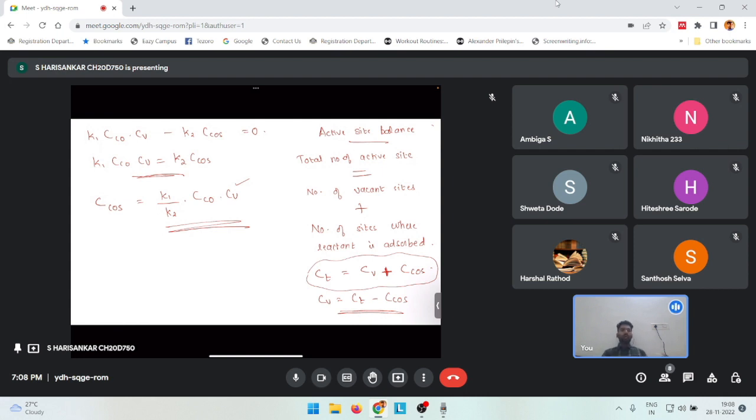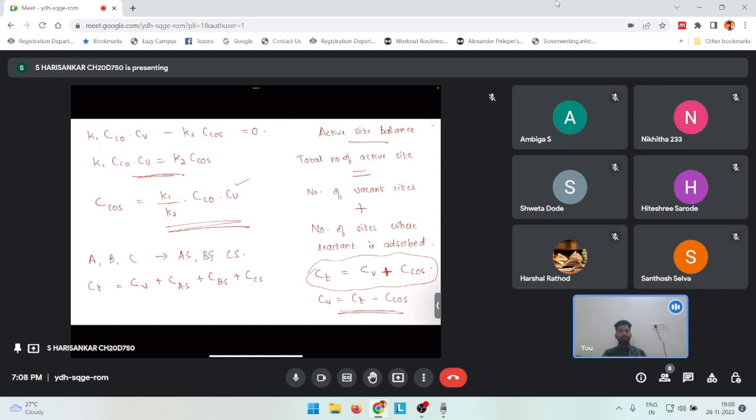If we have multiple reactants getting adsorbed onto the active sites, the site balance will change accordingly. Let us say A, B and C get adsorbed as AS, BS and CS, then the site balance will be Ct is equal to Cv, which is the vacant site concentration, plus CAS plus CBS plus CCS.